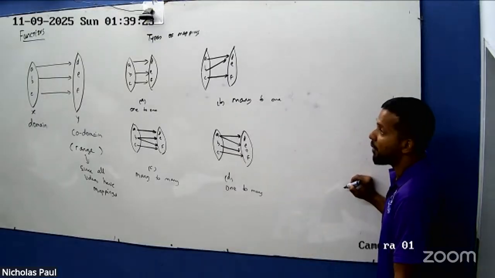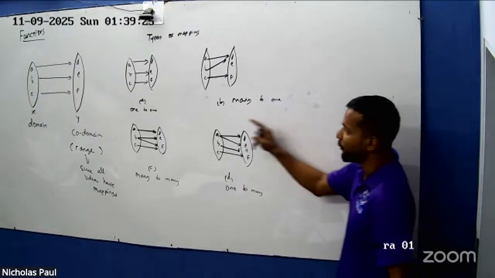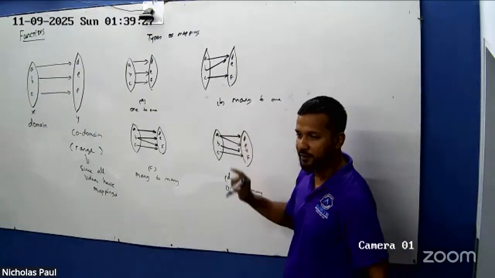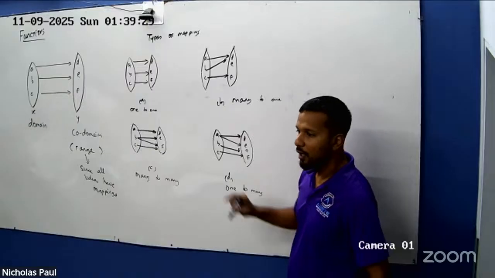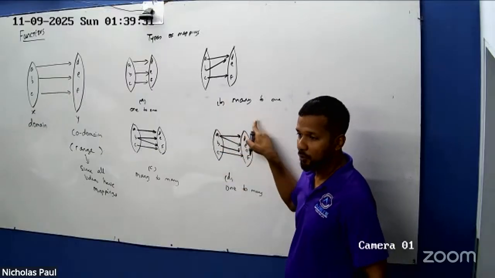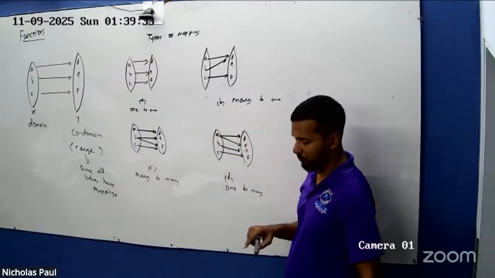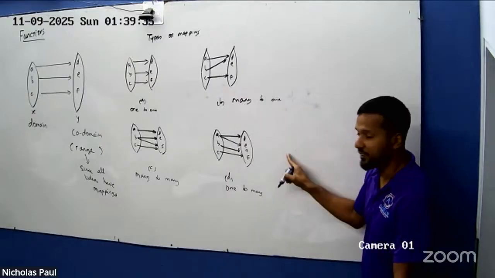Anybody remember how functions are defined? Functions could be only 2 of these. Which ones? Functions could only be 1-to-1 and many-to-1. Underneath this, make a small note.